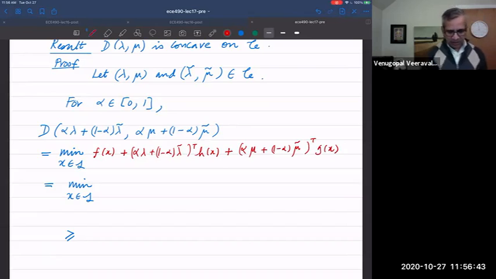So this is the Lagrangian with those multipliers, the convex combination of lambda, lambda tilde, and mu, mu tilde.